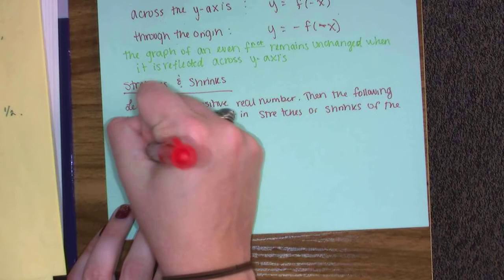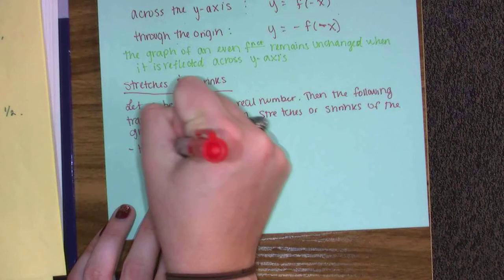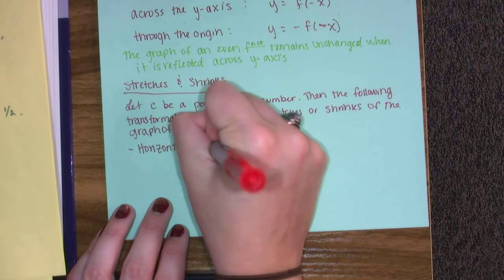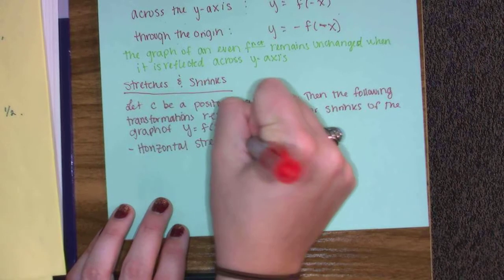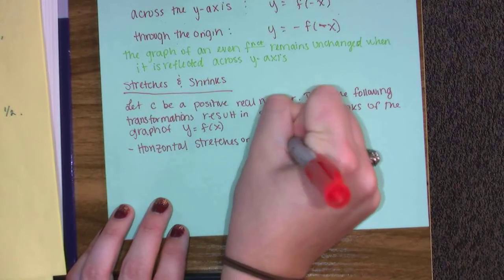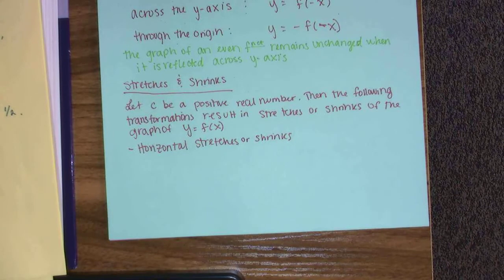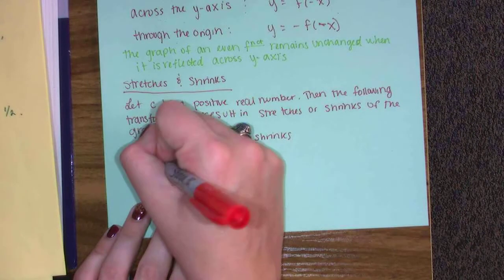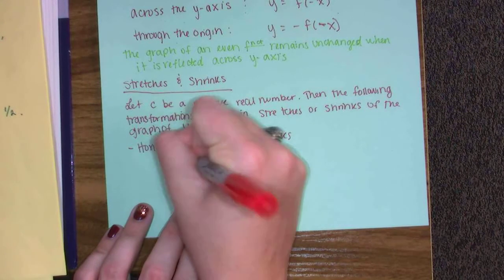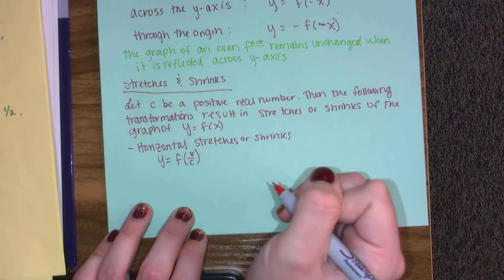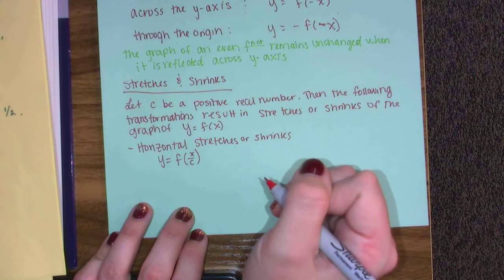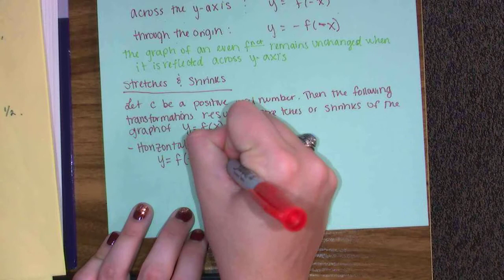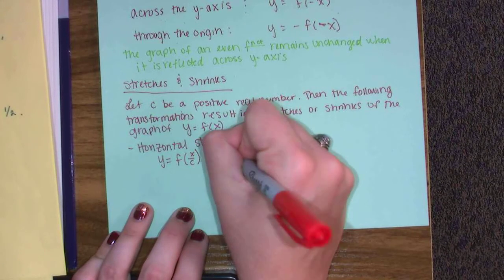So, horizontal stretches or shrinks: you have something like y is equal to f of x over c. So it's a stretch by a factor of c.